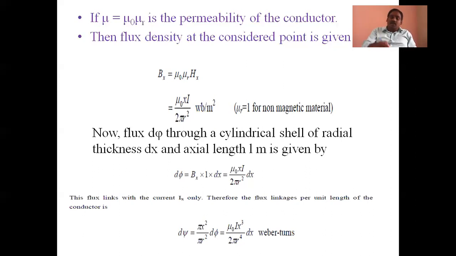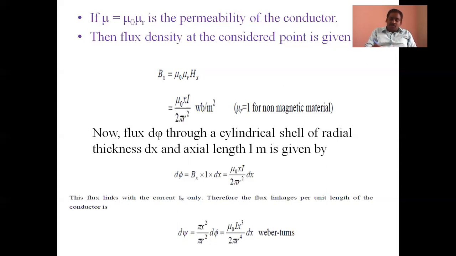dψ units are Weber turns. So finally, x² by r² into dφ. We know the dφ value: μ₀ x I by 2πr² dx.